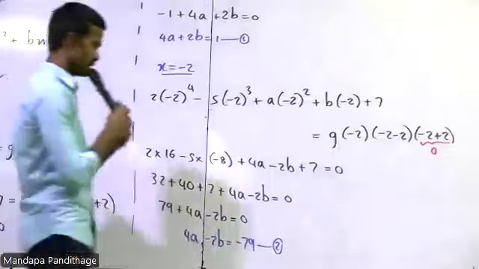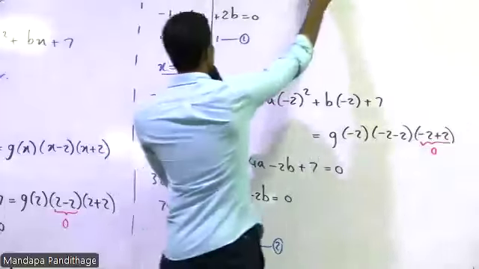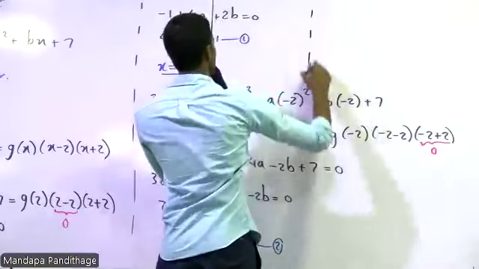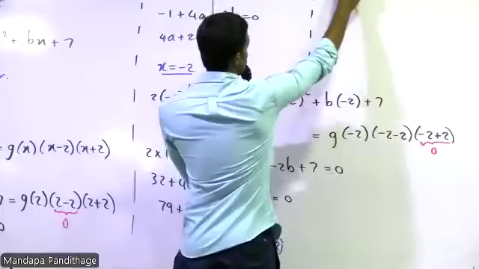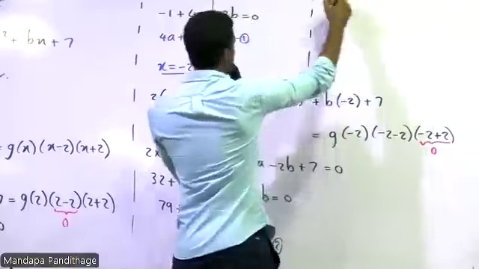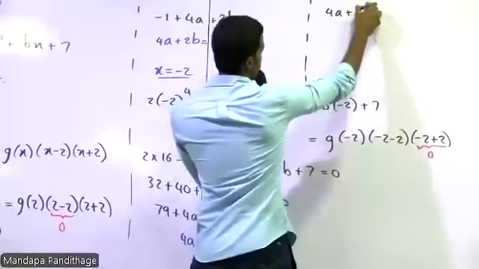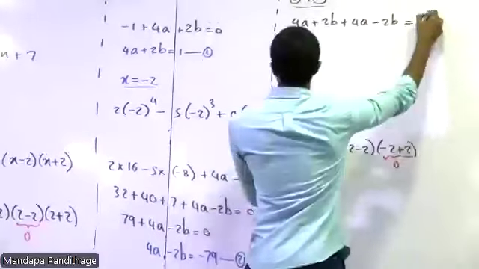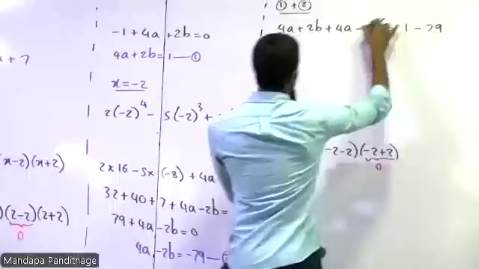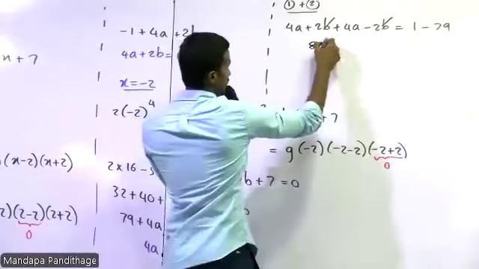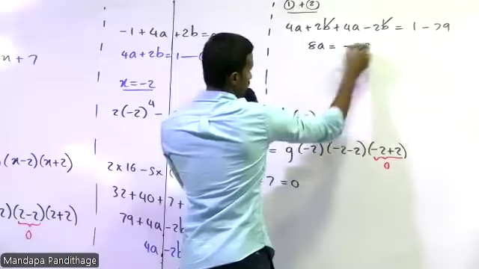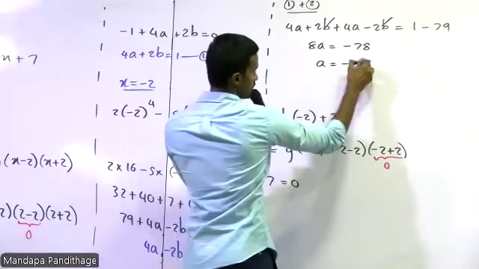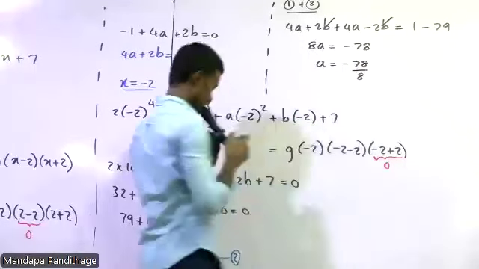So then you can simplify these. When you simply add these two, you get 4a plus 2b plus 4a minus 2b is equal to 1 minus 79. 8a is equal to minus 78. a is equal to minus 78 over 8.